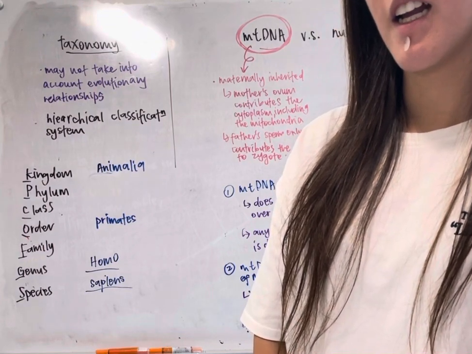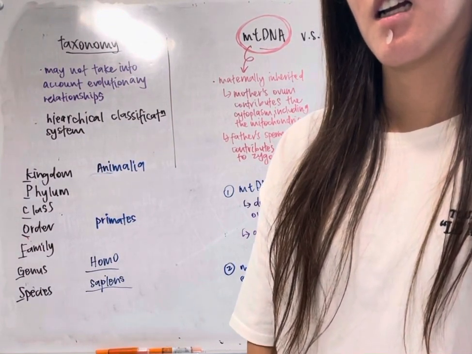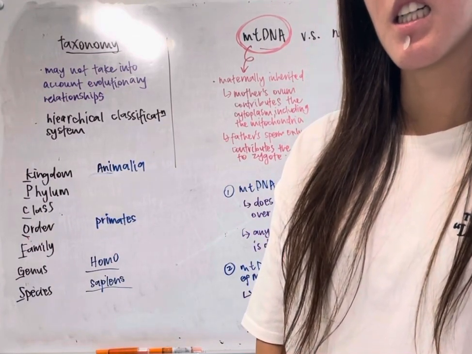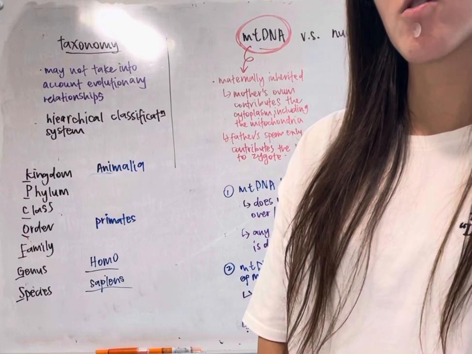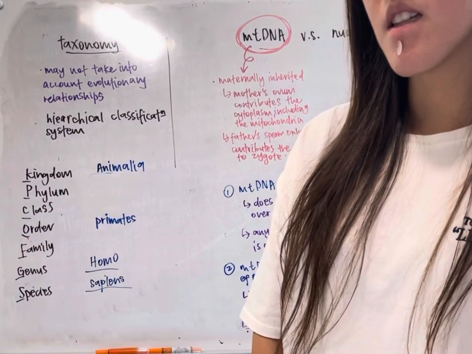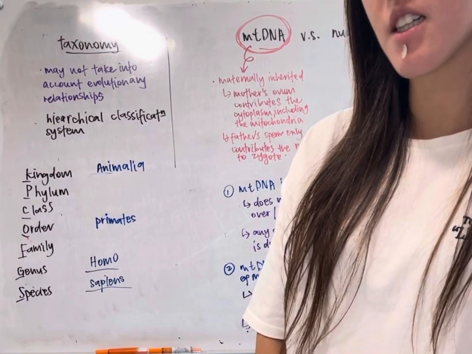Amino acid is encoded by what? Which are? DNA sequences. So if you change your amino acid means what is changed? DNA sequences is changed. So it means mutation must have occurred, right?